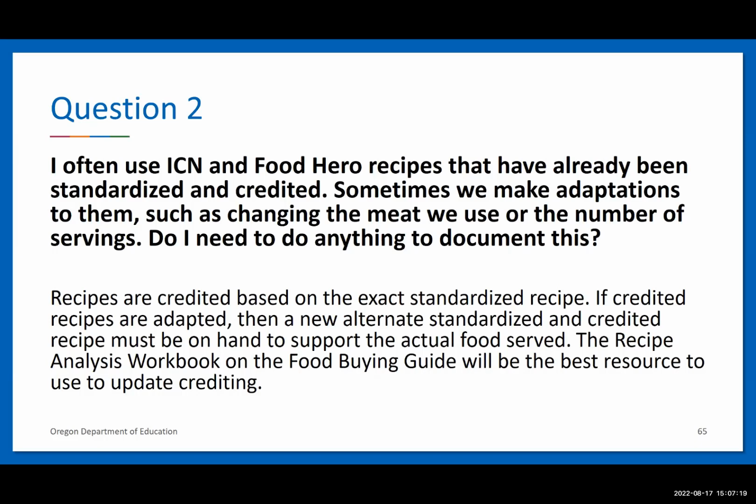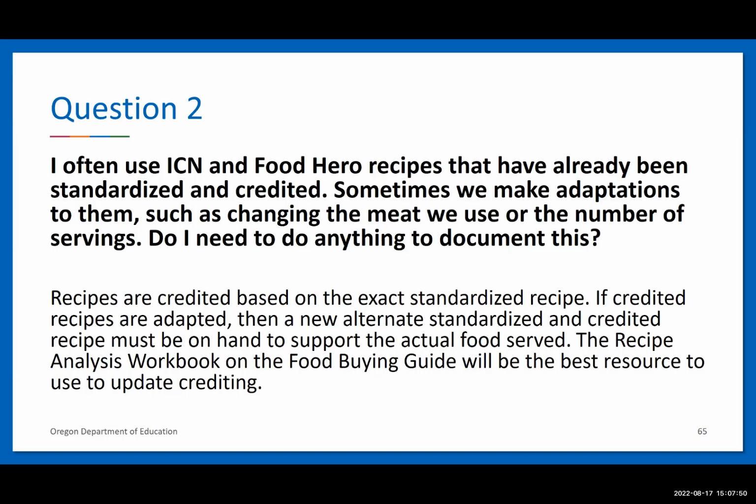If credited recipes are adapted, for example, like what Kathy had said earlier about changing chicken breast to chicken thighs, then a new alternate standardized and credited recipe must be on hand to support the actual food served. You'll need to use the resources that we went over earlier to re-standardize and recredit the recipes. The recipe analysis workbook on the food buying guide will be the best resource to use for updating crediting.